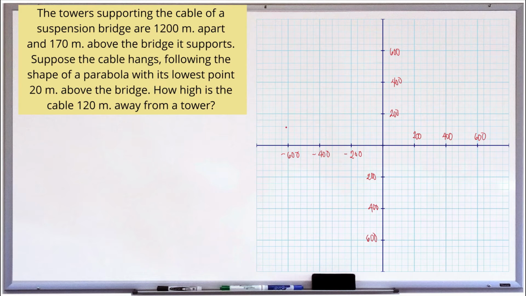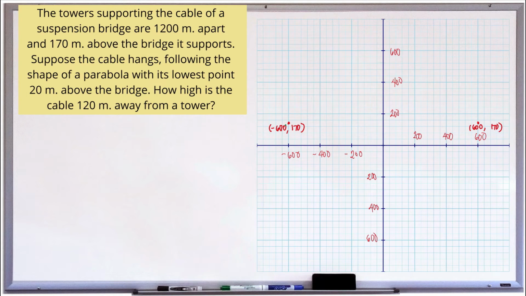We can illustrate the given using the coordinates (-600, 170) and (600, 170). 170 represents the height of the towers, while -600 and 600 will give us 1,200 as the distance of the two towers from each other.